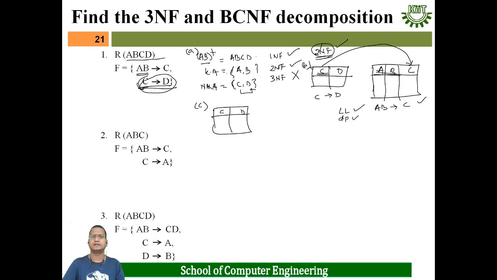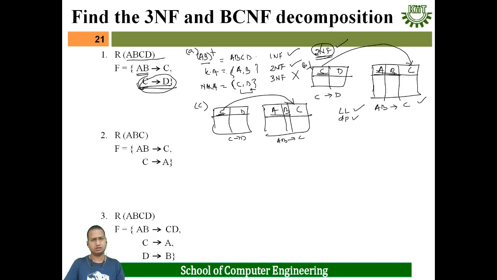Okay, and here C will be the key, and in the other table A, B, C will be there, and AB will be the key. Okay, and C is the foreign key for this table. Here C determining D is preserved, AB determining C is preserved, and this is the BCNF decomposition.